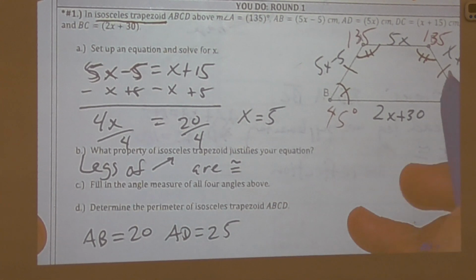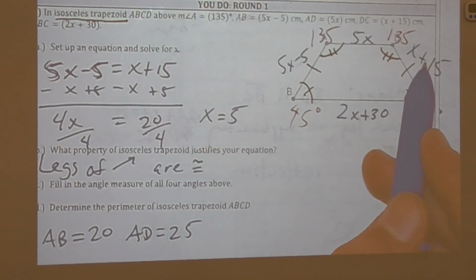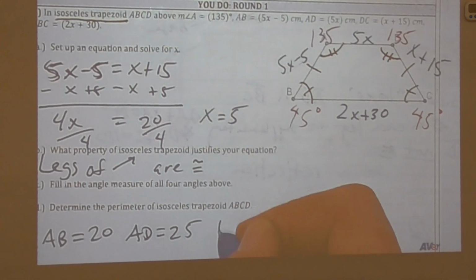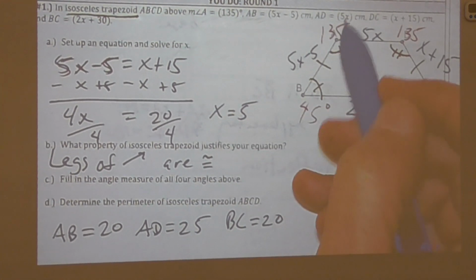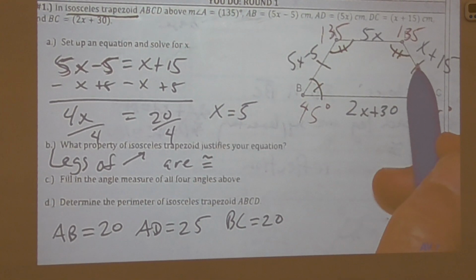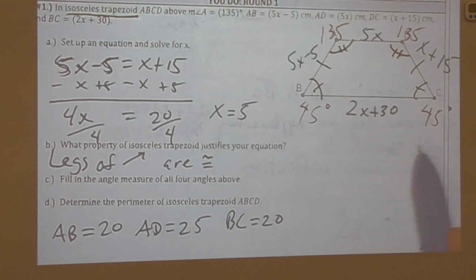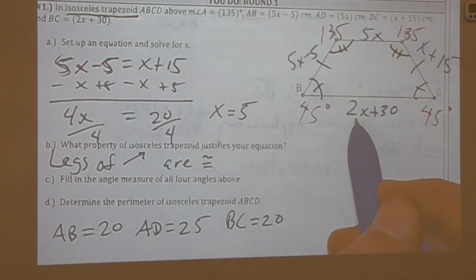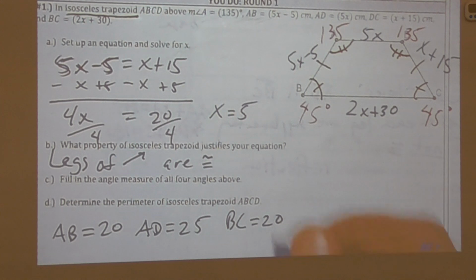We have DC is x plus 15, so 5 plus 15 is 20. And that should make sense because AB and DC need to be the same length when it is an isosceles trapezoid. And then finally BC, 2x plus 30, so that's 10 plus 30 is 40.